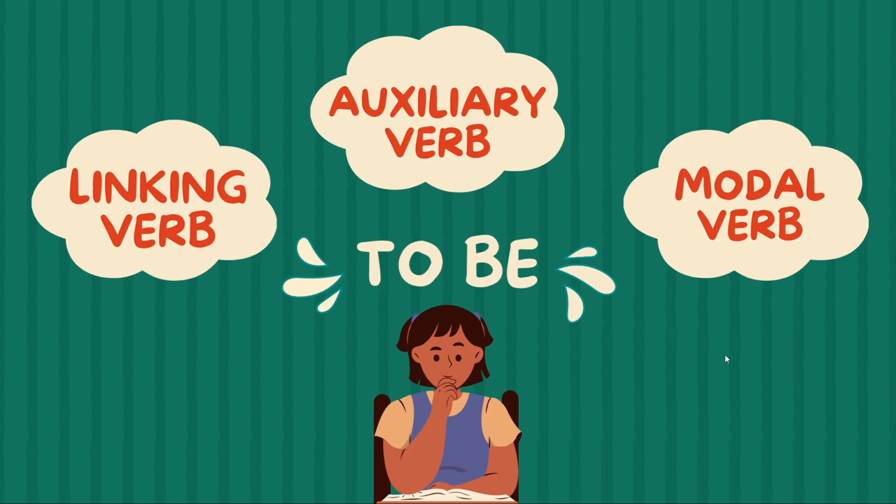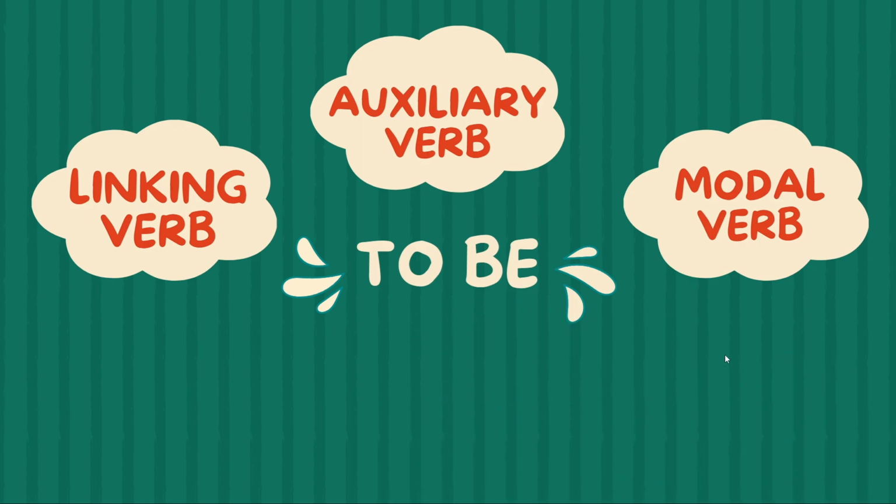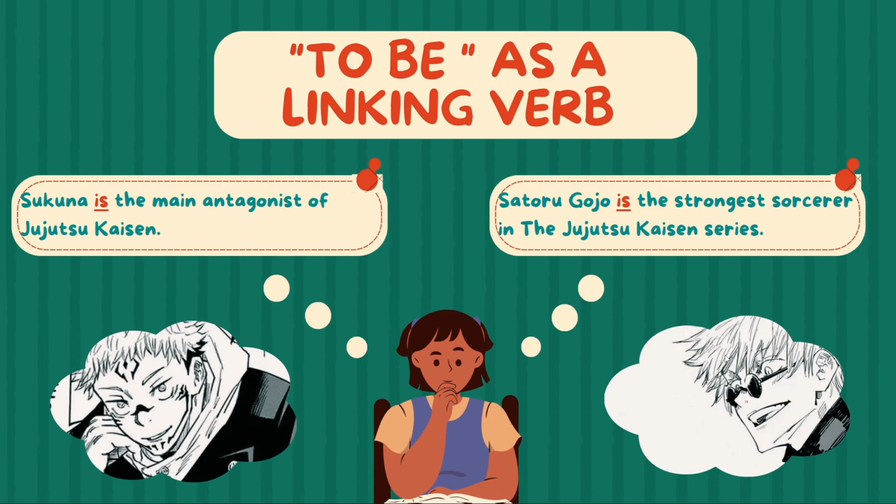So let's start with the linking verb. To be as a linking verb or main verb, I'm going to read you two example sentences. Before I start, I'm going to spoil that I'm going to use characters from anime, series, games, and everything.